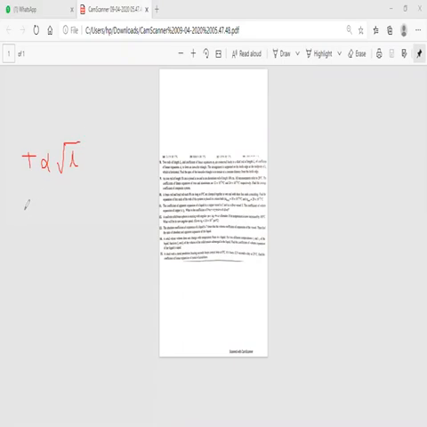So in percentage errors, delta T by T into 100 is nothing but half into delta L by L into 100. The 100 and 100 will get cancelled on both sides. And half into, in place of delta L by L, according to the formula, you can write alpha delta theta.